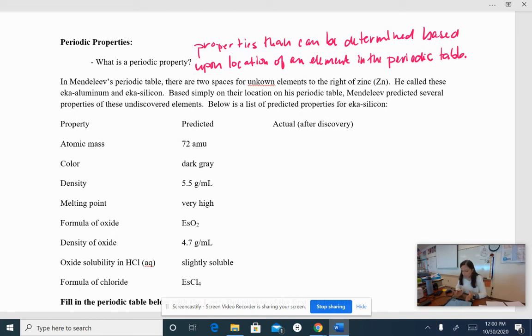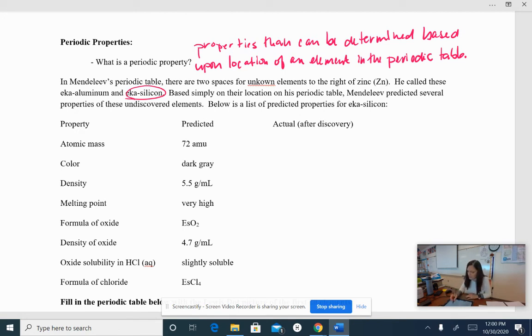Today we're going to talk about germanium. He called these eka aluminum and eka silicon. Based simply on their location within the periodic table, Mendeleev predicted several properties for both of these undiscovered elements. Let's see how closely he got.